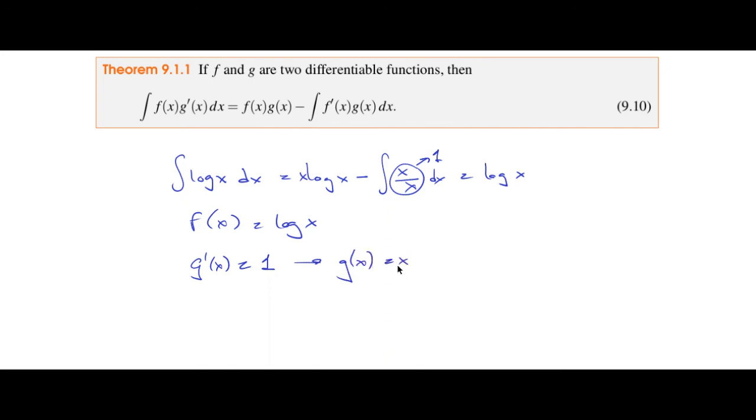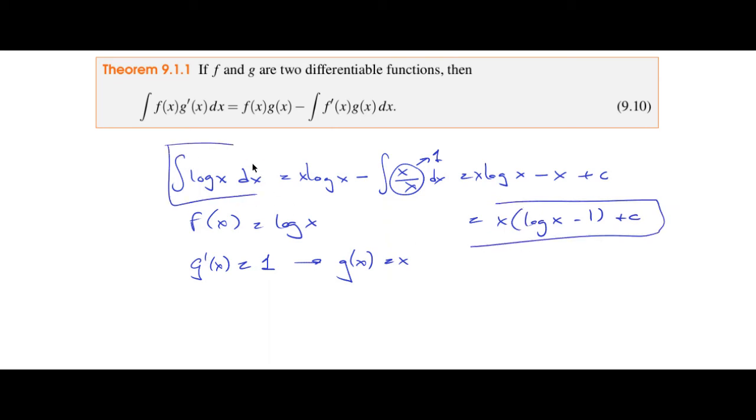So this is just 1, and you get x times the logarithm of x minus x plus c, or in other words, x times the logarithm of x minus 1, plus c. This is the primitive of the logarithm. Again, if you don't remember this, at least remember how to get it easily using integration by parts.